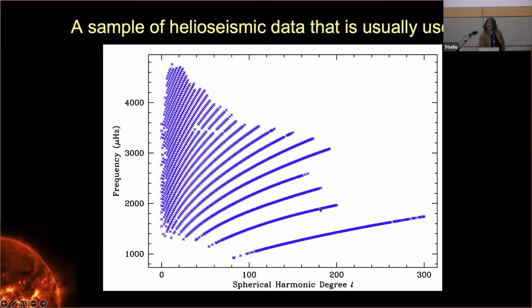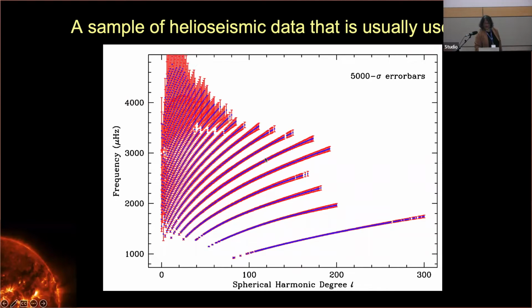This is the first P mode, N of 1, N of 2, N of 3, and so on. Now, the reason these data are so powerful is this. These are 5,000 sigma error bars, okay? And yet we complain we don't have enough data, which is actually true, but that's a different story.